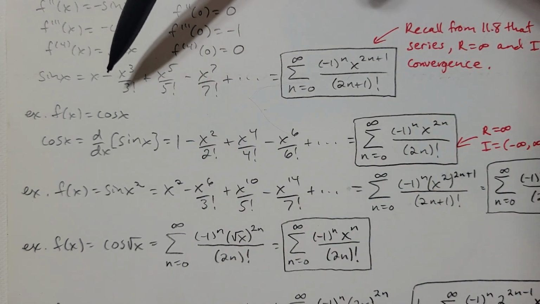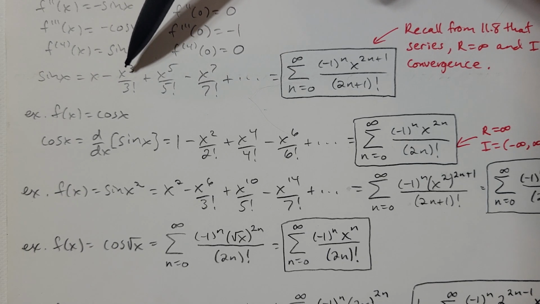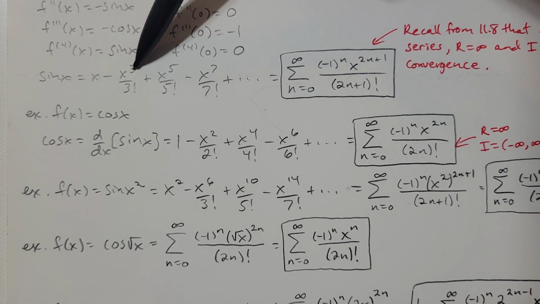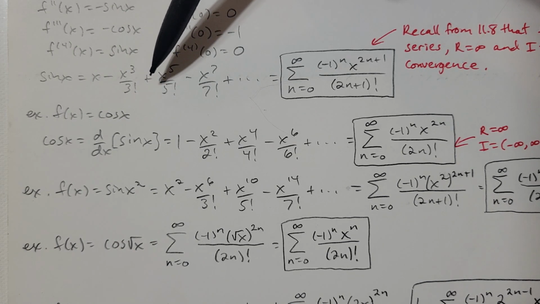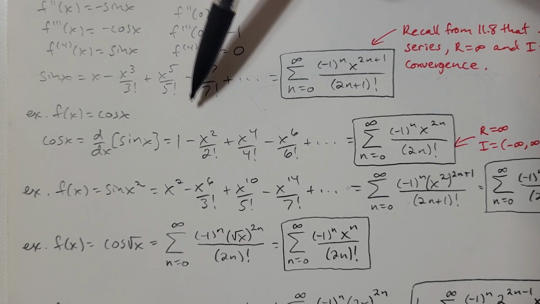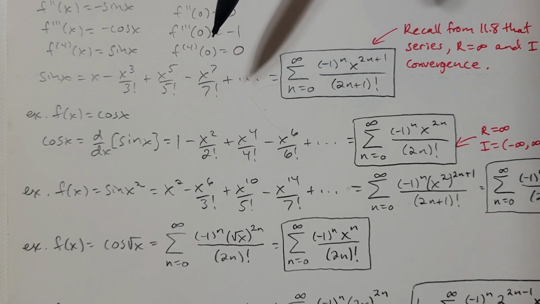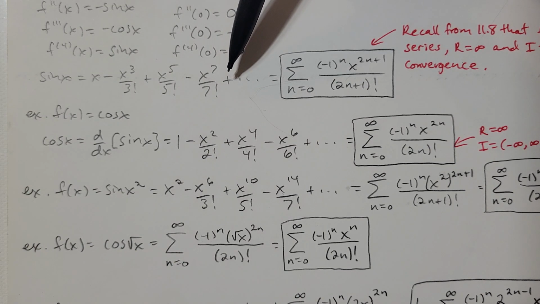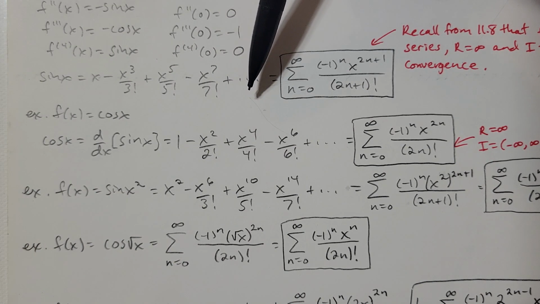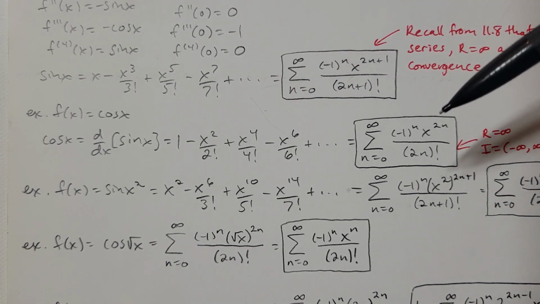Okay, so I got x squared minus x squared to the third power would be x to the sixth divided by 3 factorial plus x squared to the fifth, that'd be x to the 10th divided by 5 factorial. And minus x squared to the 7th is x to the 14th divided by 7 factorial plus etc.